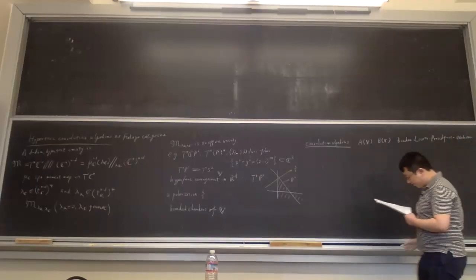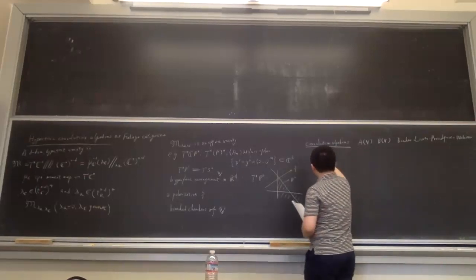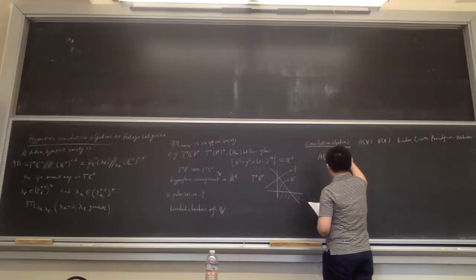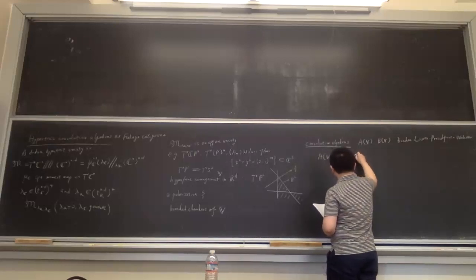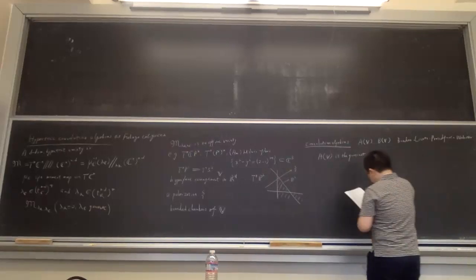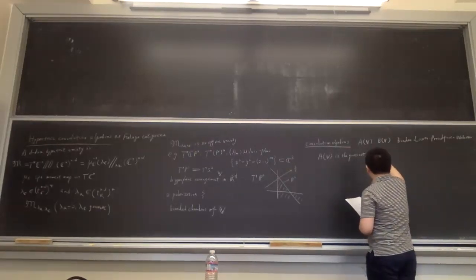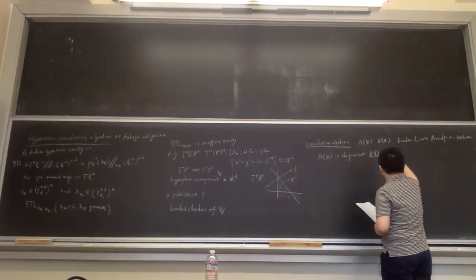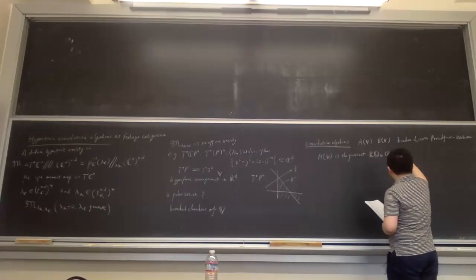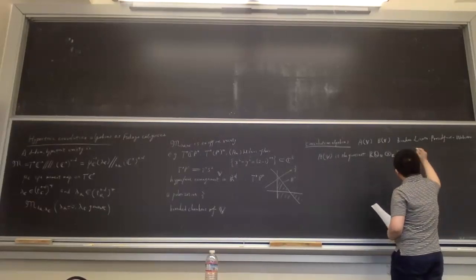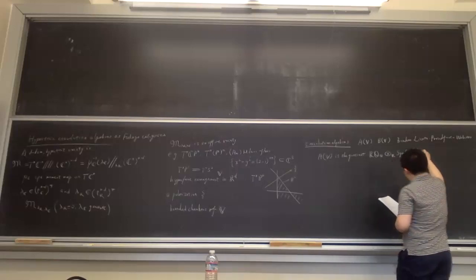So let me recall the definition of A. AV is the quotient of a path algebra of a certain quiver QV, which I will specify later, tensored with the symmetric algebra over a certain vector space VK star.